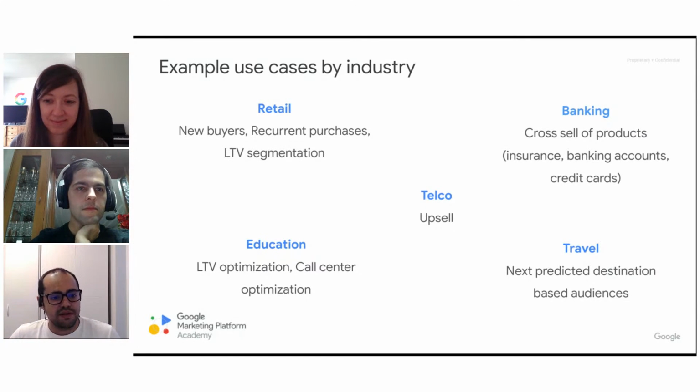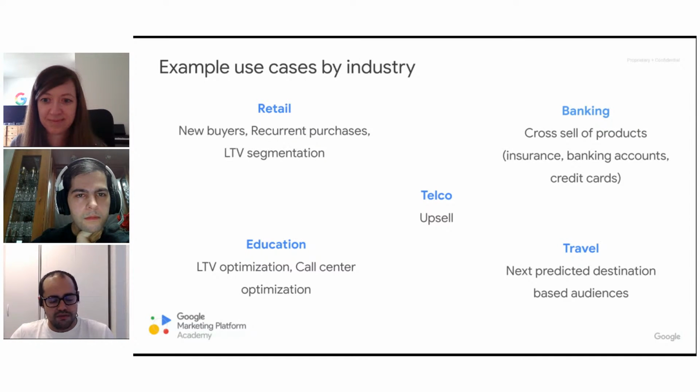So as you can see, there are many possible use cases like uploading LTV segmentations, doing cross-sell, upsell for clients, creating audience lists for purchase predictions, etc. And one of the things that we'd like to highlight is the versatility of the solution. We have seen many use cases across all industries.